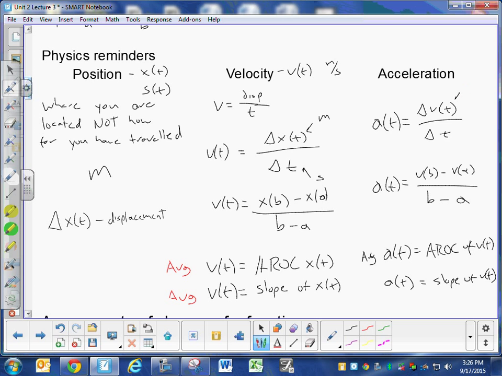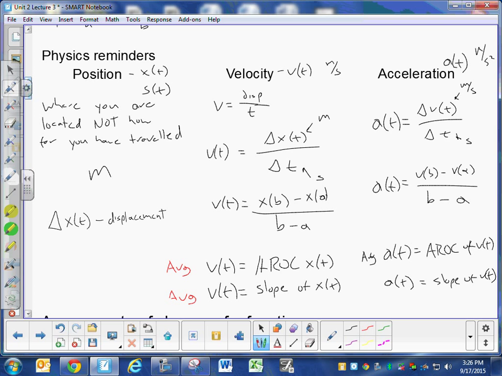Since velocity is in meters per second and time is still in seconds, what do you get? Meters per second squared. Meters divided by seconds times 1 over seconds equals meters per second squared. Typically, it's just a of t, which is what it's denoted.